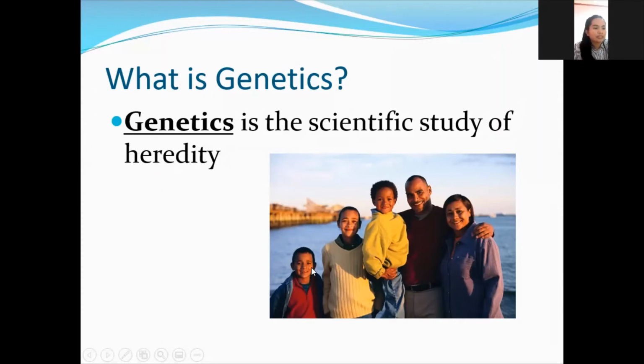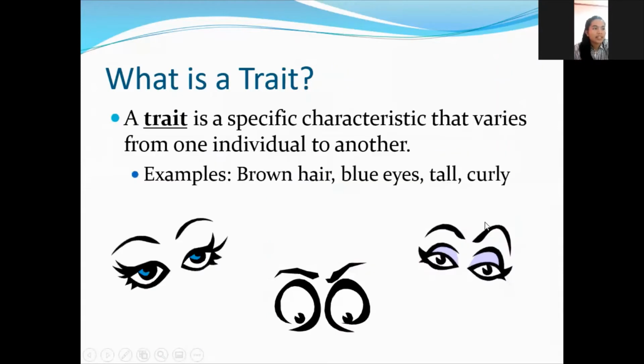They belong to the black family, and this one has curly hair, and all of them have tan skin, or medyo dark ang skin nila. Right? So what is a trait? Those skin, hair color, hairstyle, mga kulot, mga dark skin or tan skin, they are called traits.